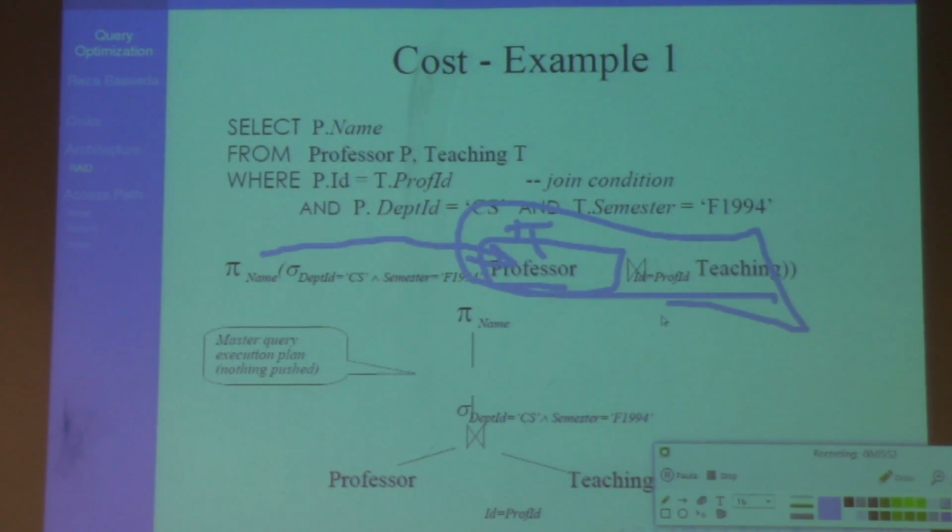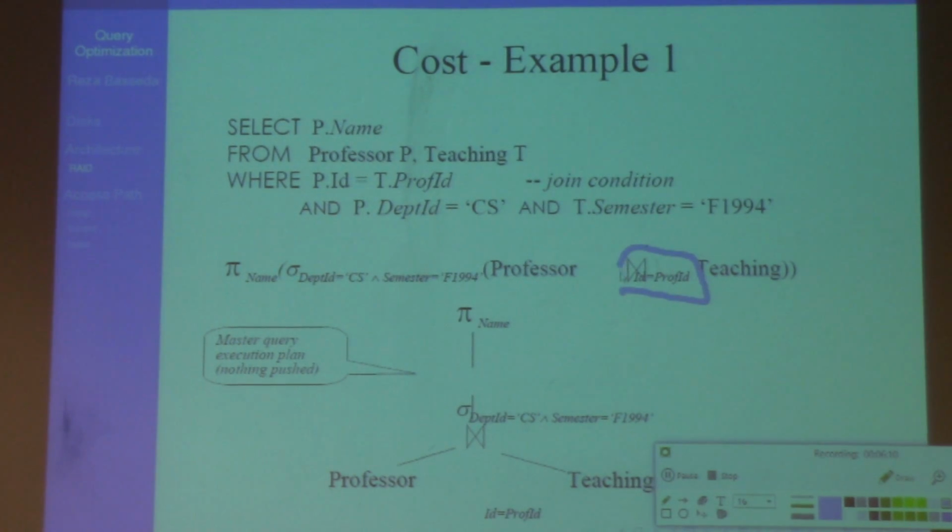Department ID. Okay, so you are changing this P name to P name and department ID, right? And also professor ID, because professor ID is required for this join. You see, the join happens on the ID and professor ID.